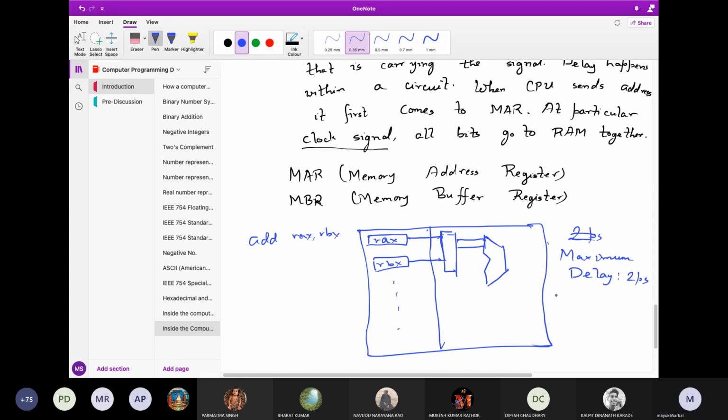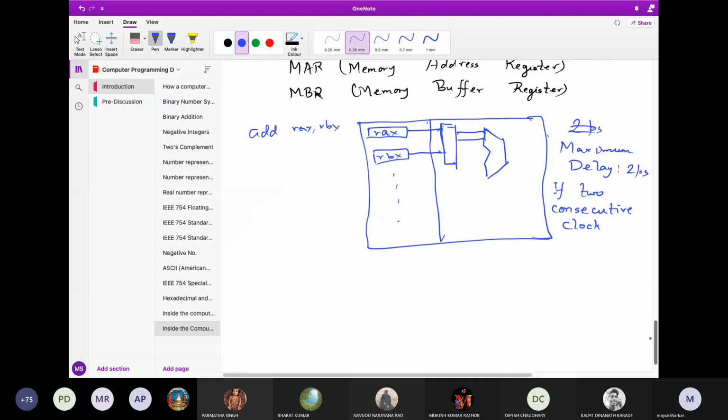Now, if two consecutive clock edges appear within 2 picoseconds, consider this: RAX has come here, RBX is going to make a delay of 2 picoseconds, but a clock edge has appeared.